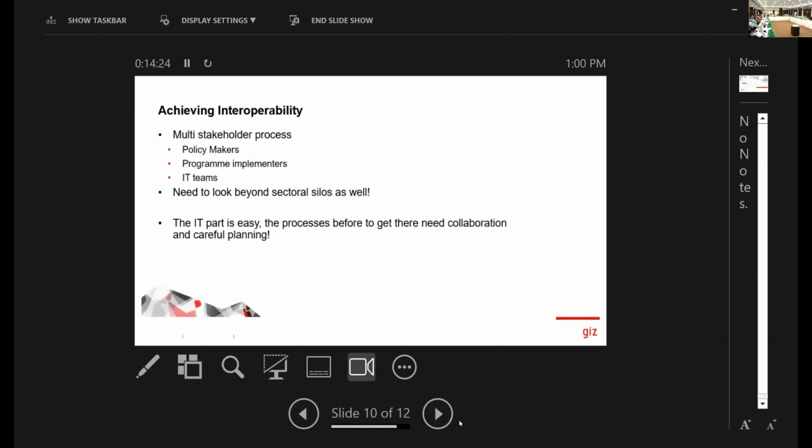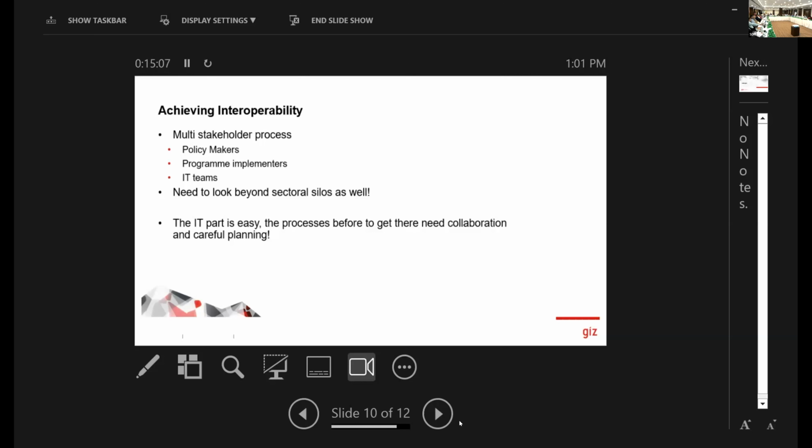They need to be clear on what data needs to be exchanged, why it needs to be exchanged, and how it is exchanged, not on how the IT exchange happens, but at a policy level. And we need to look beyond sectoral silos as well. We talked about digital systems being in silos, but in many of our implementations, we have sectoral silos. We have social protection not speaking with health, or not speaking with finance, within a country or within a region as well. So we really need to break those silos and look at interoperability in a much more holistic manner than just within the sector.